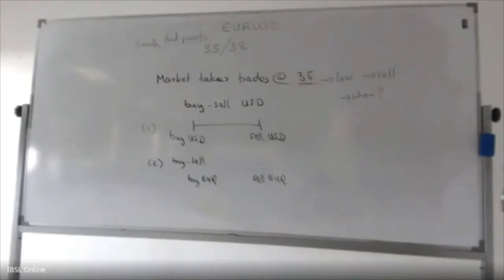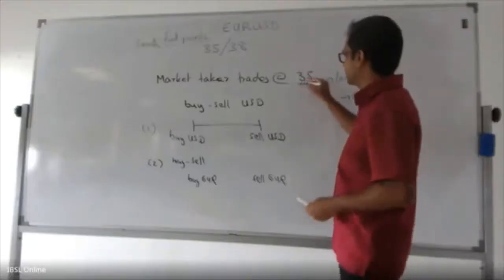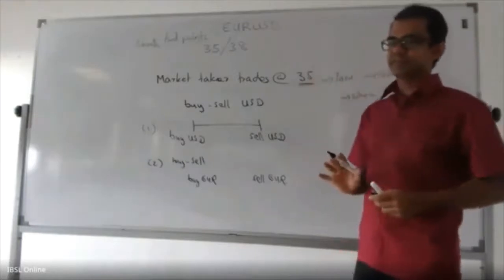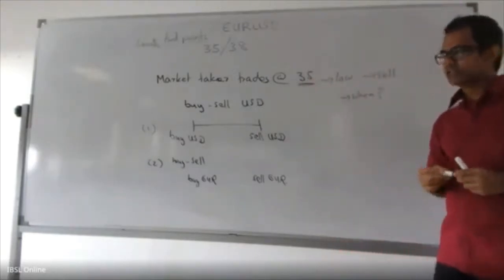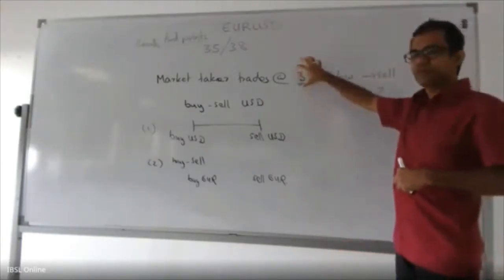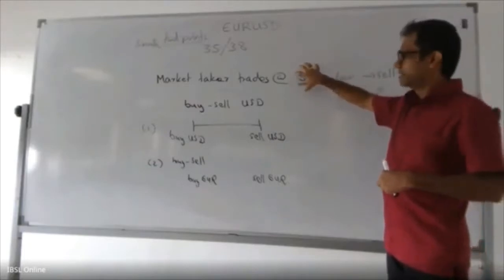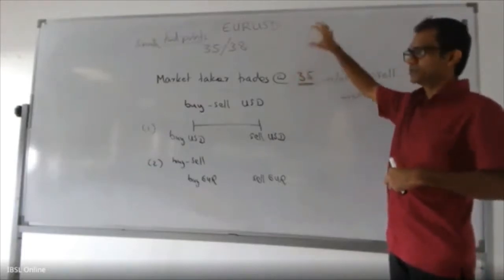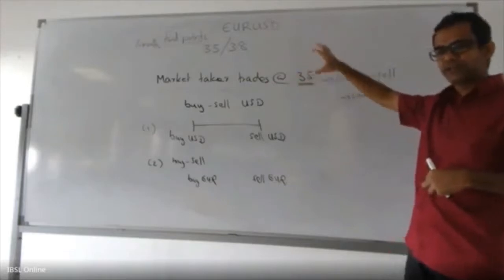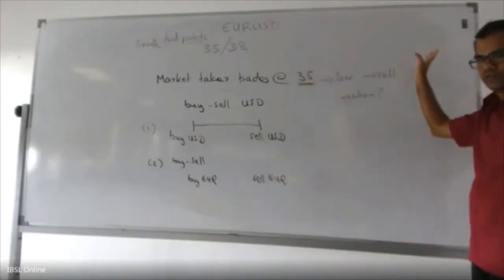But this is forward points, right? So is it on the far leg? Yes. This is forward, remember. You add these forward points to the spot trade, then you derive the forward trade.